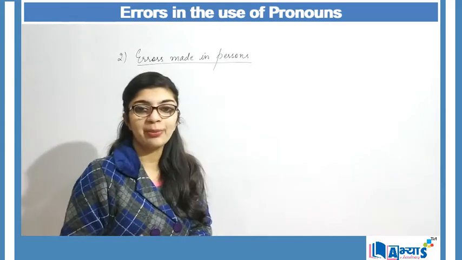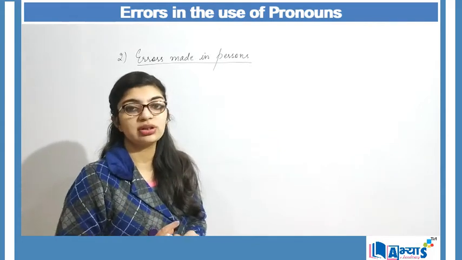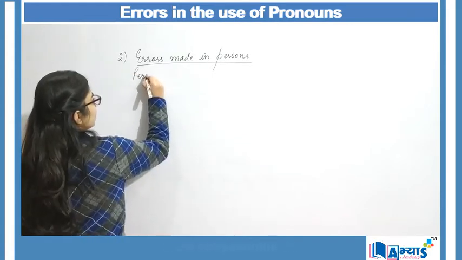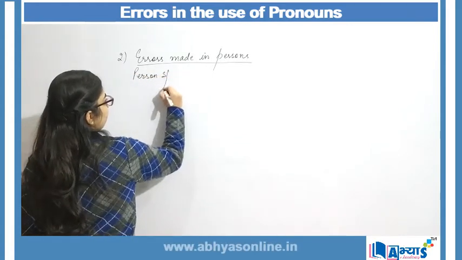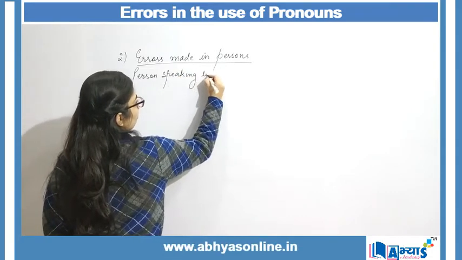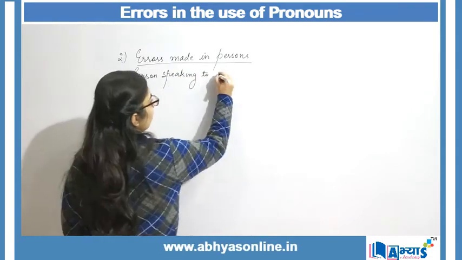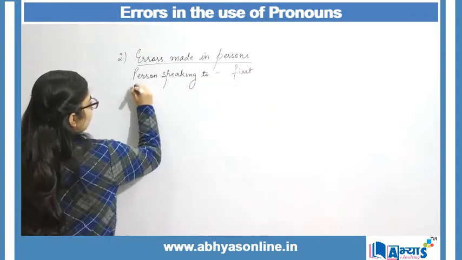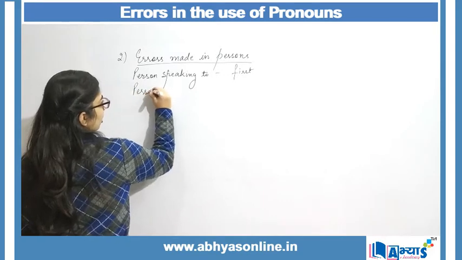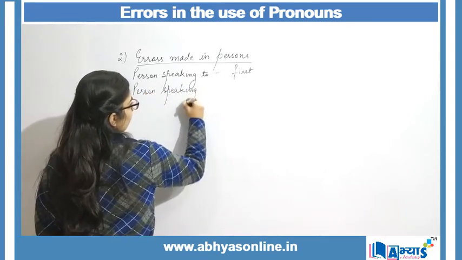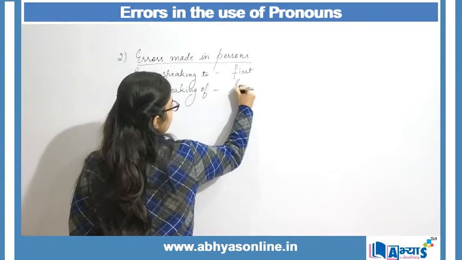But before the example, let me explain one important rule: the person that we are speaking to will occur first. The person speaking of will occur in second place.